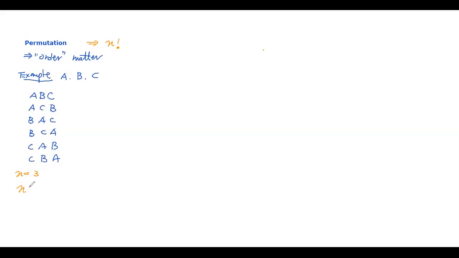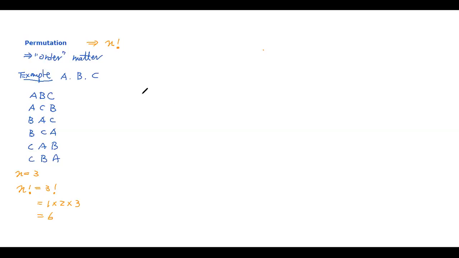The total number of ways is n factorial, which is 3 factorial. As you know from algebra, the factorial is just 1 times 2 times 3, so that's why you get 6 ways.